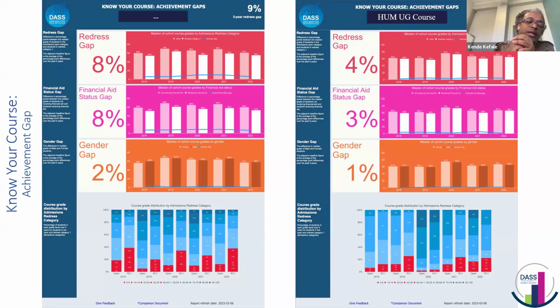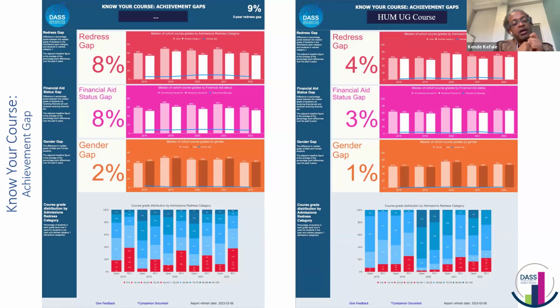Although gender is not always an important marker in terms of gaps, we still have female students outperforming male students consistently in most of our classes. And the bottom one is a further elaboration on the course performance that we saw in a previous chart, but this time split into two distinct categories of redress.